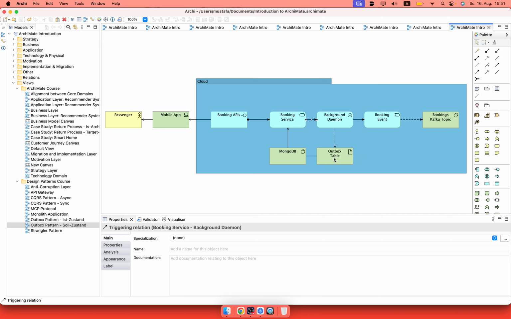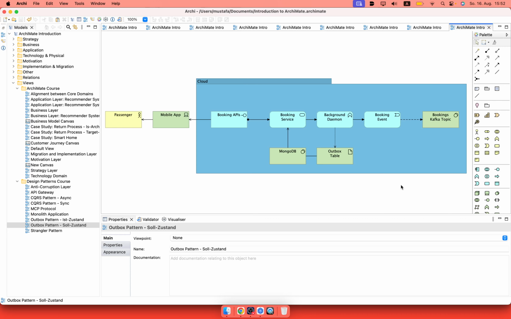It will fetch the record from the Outbox table and publish the booking event to the Kafka topic. It will have a mechanism for supporting retries, error handling, dead letter queues, and any other exception handling that you can think of. This way, we have decoupled the writing to the Kafka topic from the writing to the MongoDB.